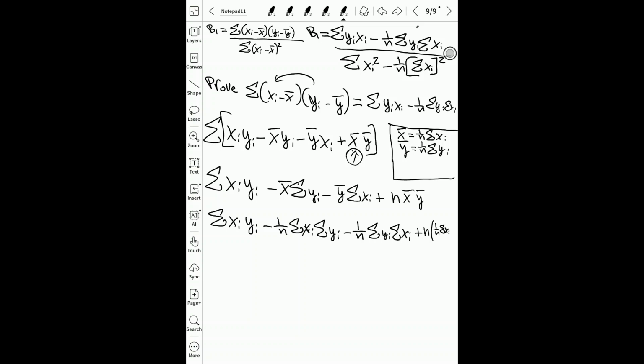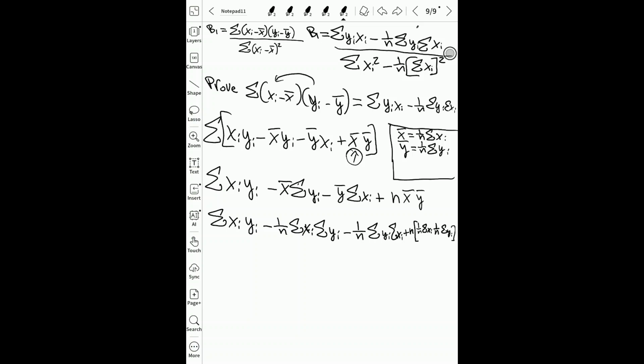and I'm running out of room pretty badly here. Let me erase some stuff and rewrite it tinier so that I can fit this in. I haven't changed anything, but I need to make this fit. So I'm subbing this all in. I've got this n here, that's going to be multiplied by 1 over n sum of xi. And I've got a 1 over n sum of yi, right?